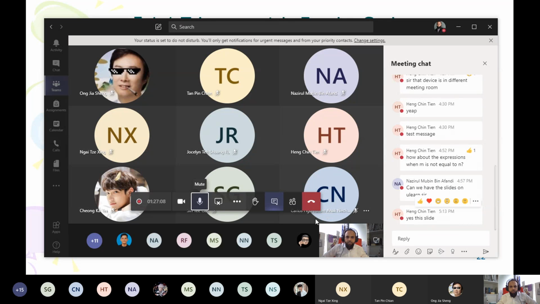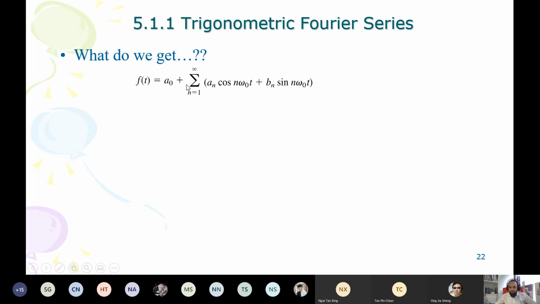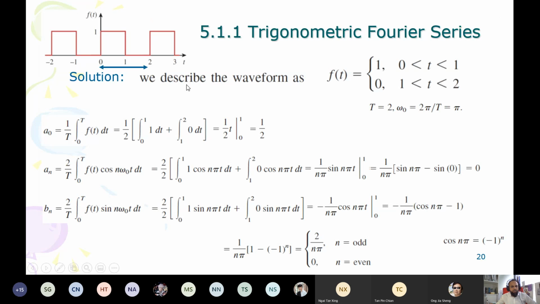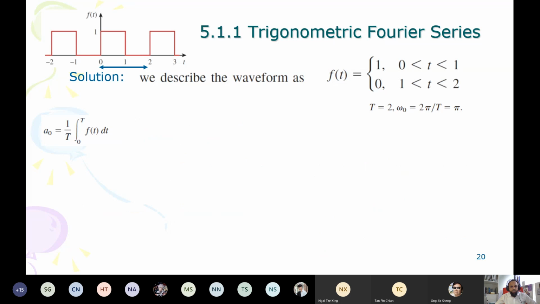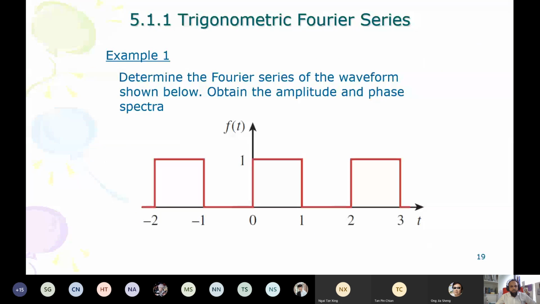Yeah, I'm online. So basically, this was supposed to represent this signal, right? The question was to determine the Fourier series of the waveform shown below. This is the waveform, and we were supposed to get something that represents this.